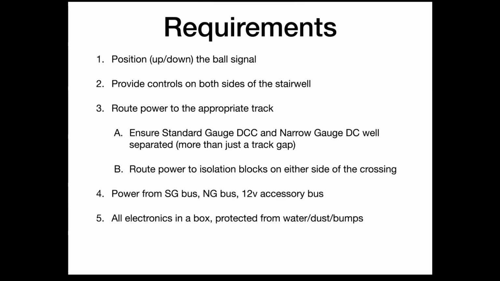So what I have are isolation blocks on either side of the crossing, both standard and narrow gauge, and I have to route power to the appropriate isolation tracks and the crossing itself. And I'm doing this in a box with electronics to protect it from mostly my head bumping coming up from below and the water from the scenery on the layout.